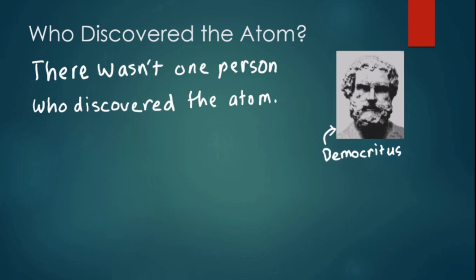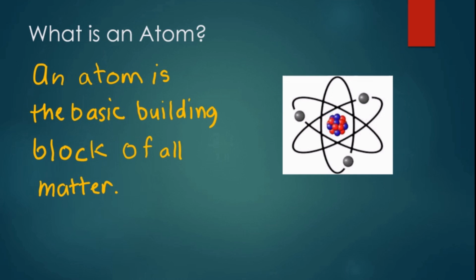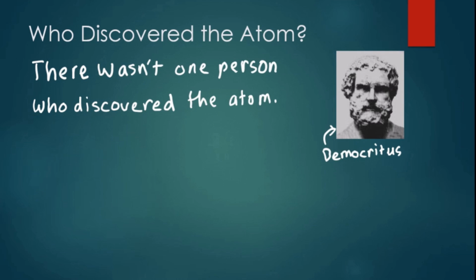That's actually what atom stands for. It's called atomos, meaning indivisible. And then there are others, like Dalton, Thomson, Rutherford, Millikan, Bohr, and so many others, who did research and came up with the atom model we know today. That's pretty much what I can say about who discovered the atom.